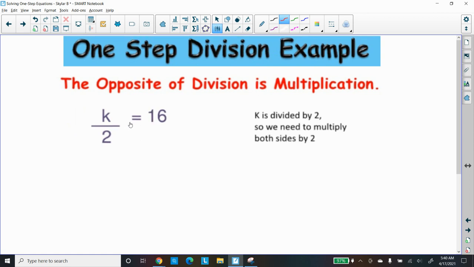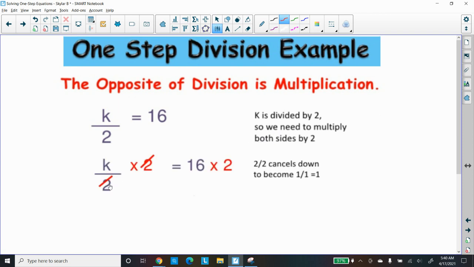So remember, we have to do the opposite of divide. So k is being divided by 2, so we need to multiply both sides by 2. That way, when we multiply both sides by 2, what happens is the 2's cancel out or cancel down to 1.